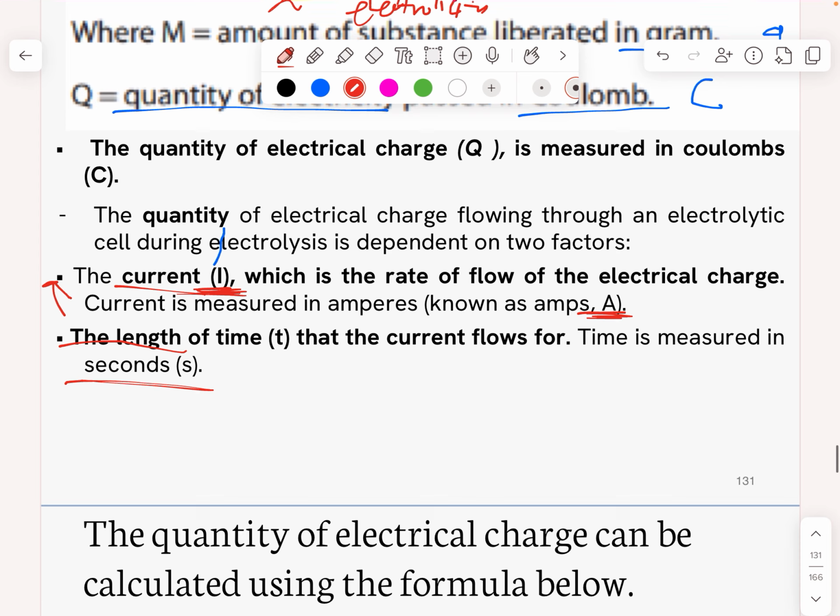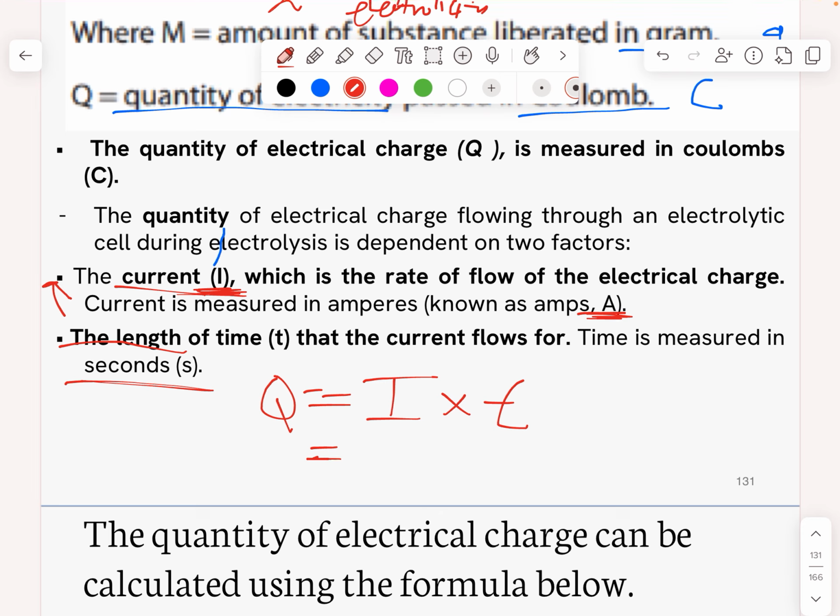Now this actually gives us an equation where Q, which represents the quantity of electricity, is equal to the current, which is I, multiplied by the time taken for that current to flow. So yes, Q is equal to I times t, and the unit for your answer should have C in it.